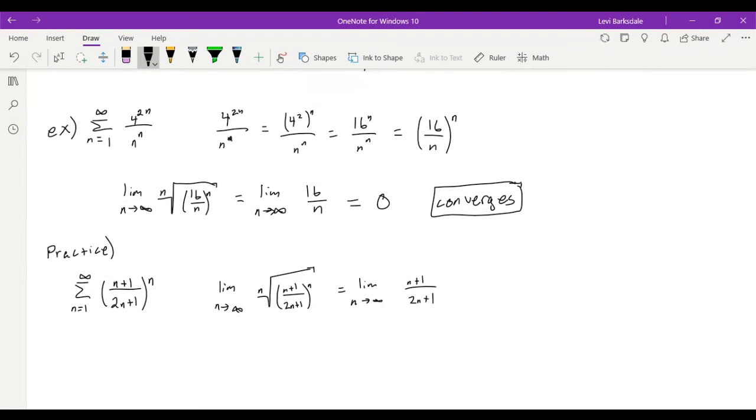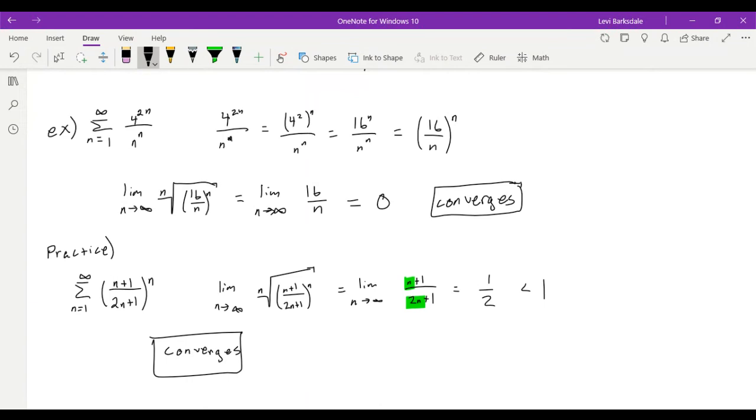And with this limit, it's of course a balanced rational function, so we can just use the coefficients of the largest term. In this case, n over 2n gives us 1/2. And because that is less than 1, we can say that our series will converge. Easy enough.